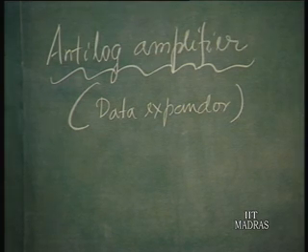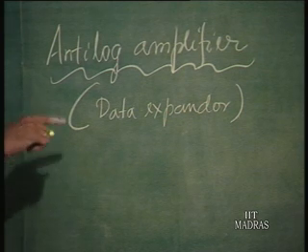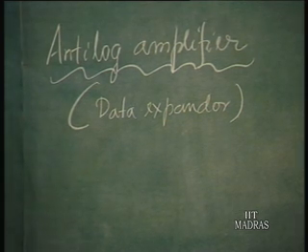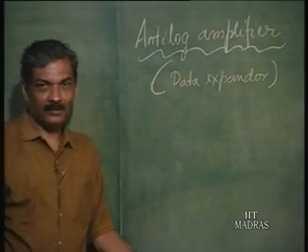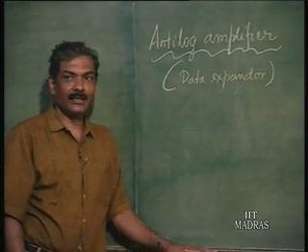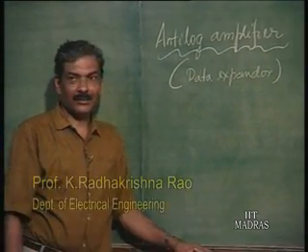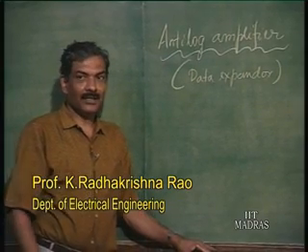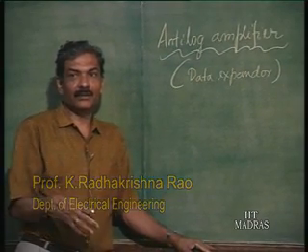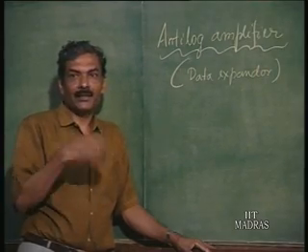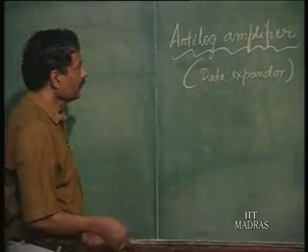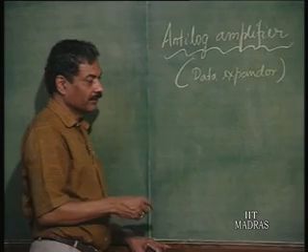We had discussed log amplifiers, now we will discuss anti-log amplifier. Log amplifier was data compressor or compander. Now, we will discuss data expander, right. So, after compression and processing the signal, we would like to expand in the same manner. This is one of the coding techniques, right. So, anti-log amplifier.